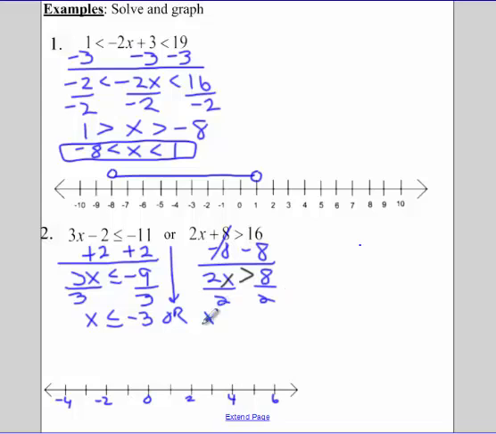X greater than 4. So our solution is x less than or equal to -3 or x greater than 4. Use a closed circle at -3, arrow to the left, open circle at 4, arrow to the right.